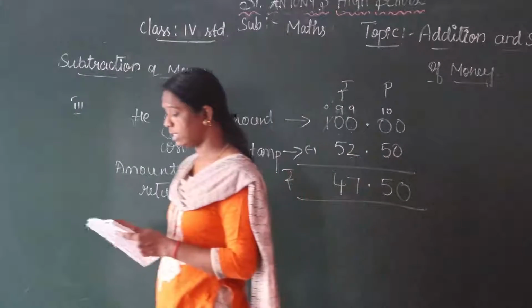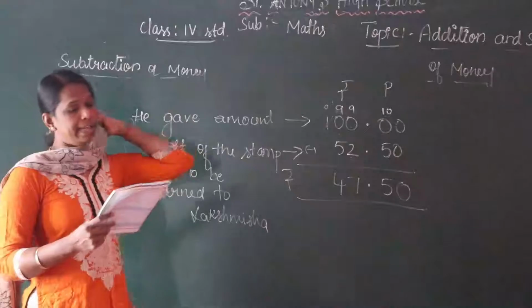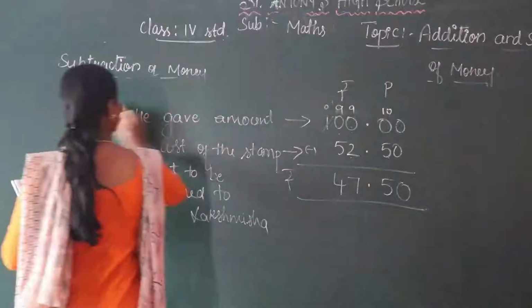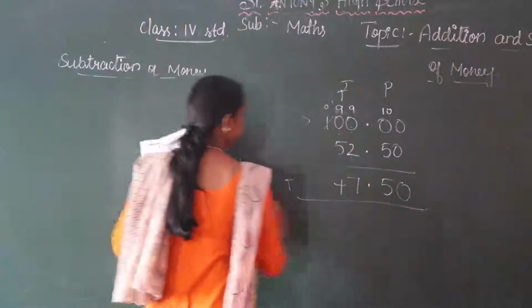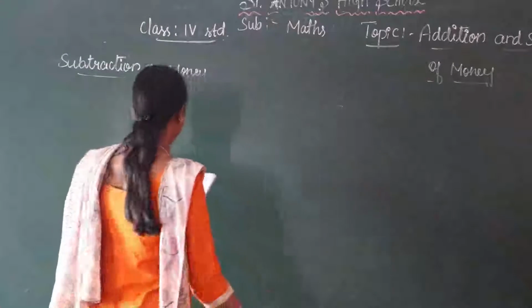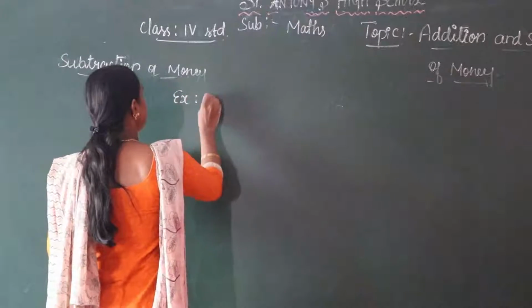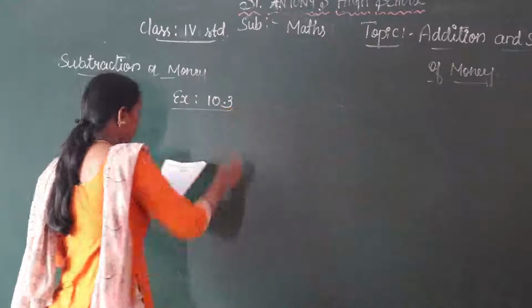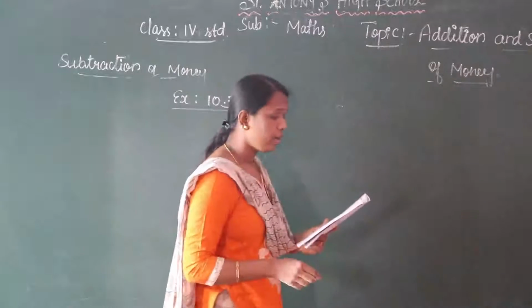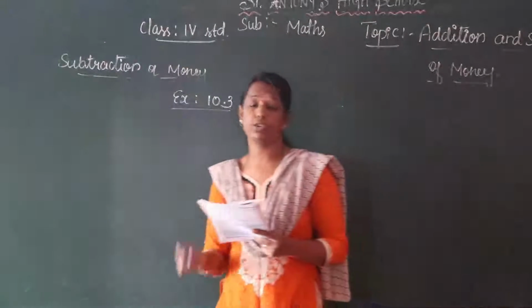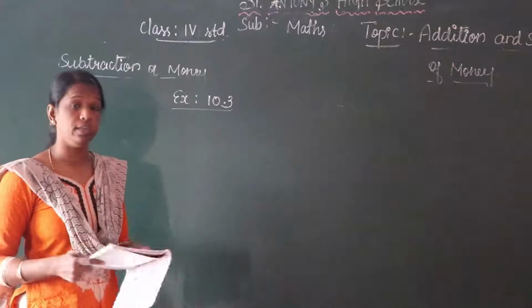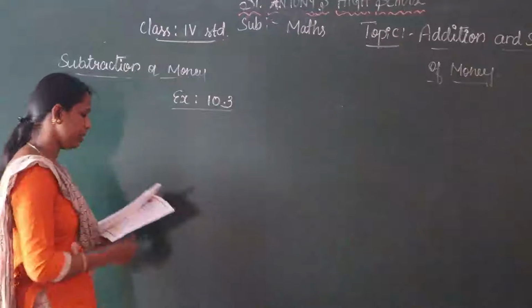Next, from exercise 10.3, a playing doll costs rupees 45. What is the total cost of 3 such dolls? So now we have to do the multiplication. Yes, we have to do the multiplication.